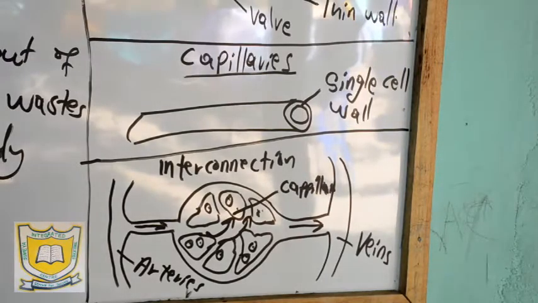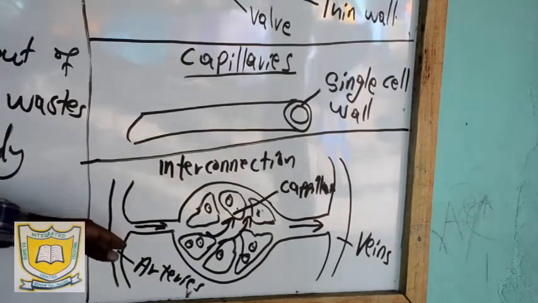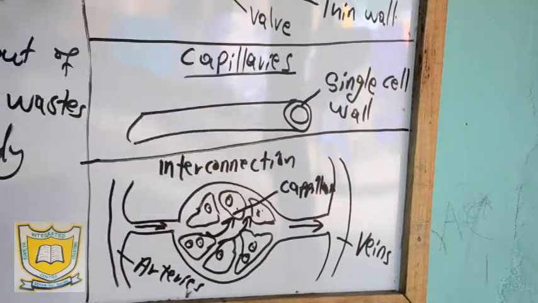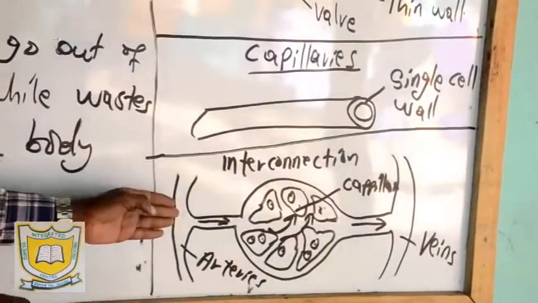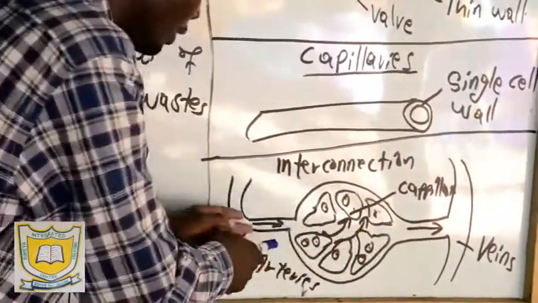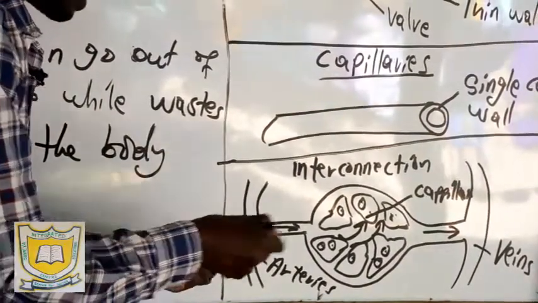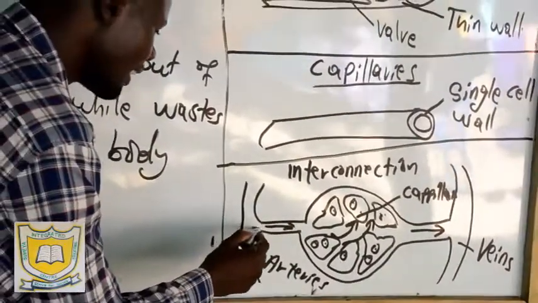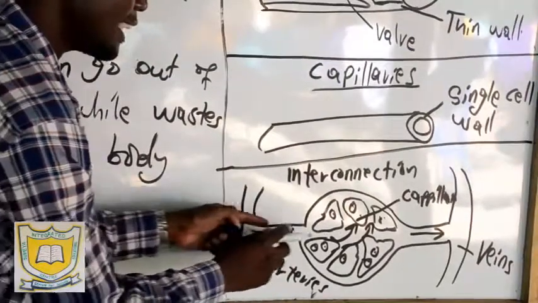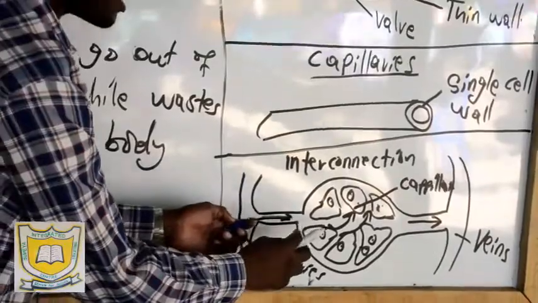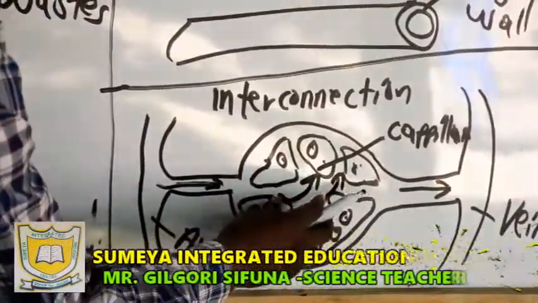So what will connect that impure blood from the arteries to the veins, because the veins are the ones to carry blood back to the heart for purification? Before the blood enters the vein, it becomes impure. From the arteries, the arrow is showing that it is entering the capillaries. The capillaries will transport the blood from themselves to the veins.